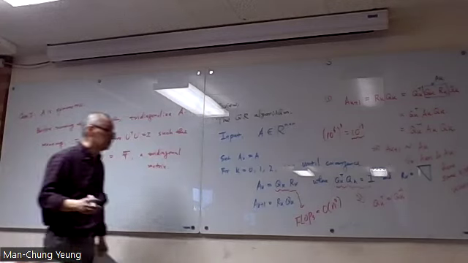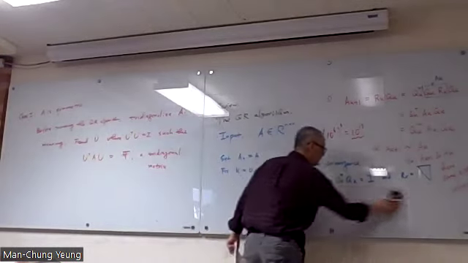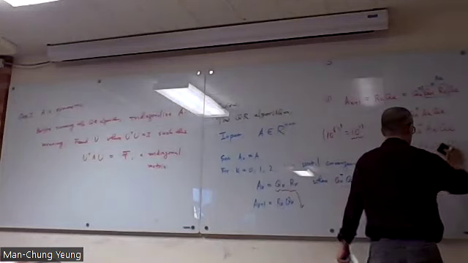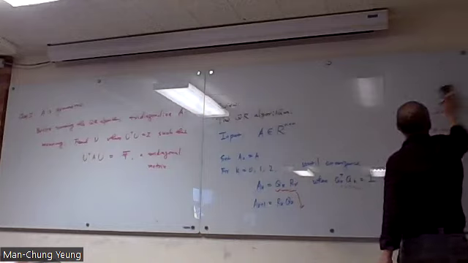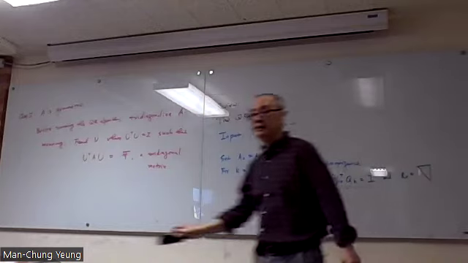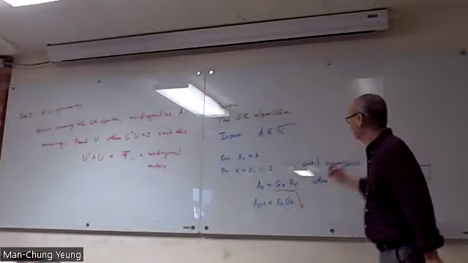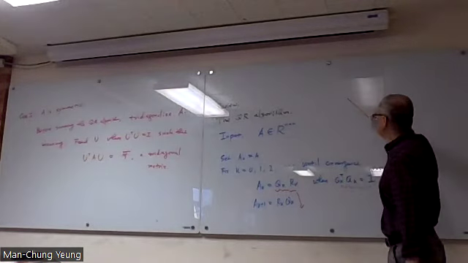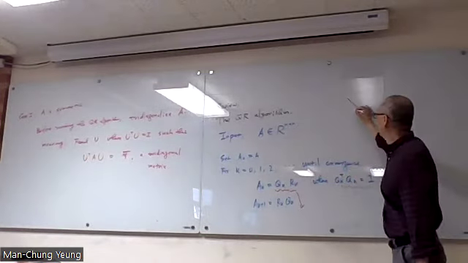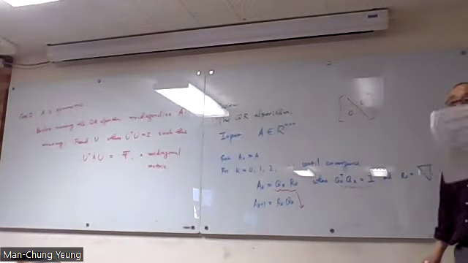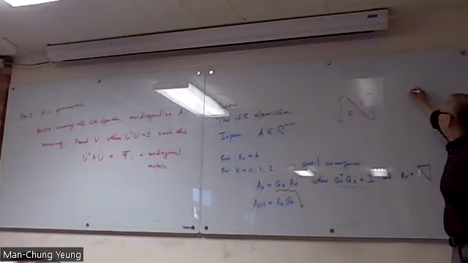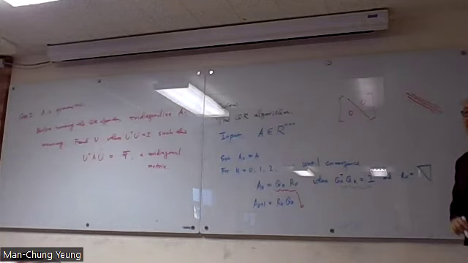What does tri-diagonal mean? Main diagonal, lower subdiagonal, upper subdiagonal.